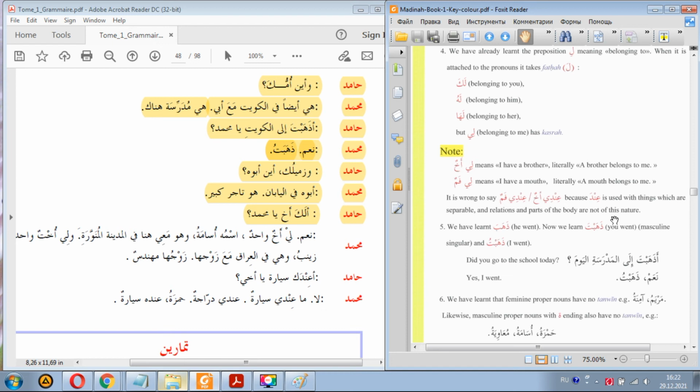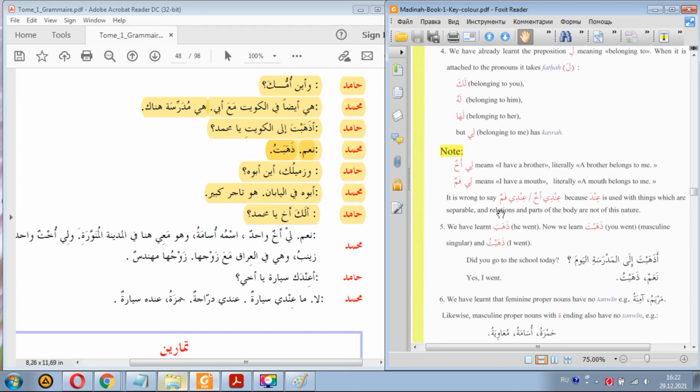You just say, I have a brother, I have a book. But in the Arabic language, you use either li or inda. Inda is used with things which are separable, and li is used for something that's not separable. For example, relations.